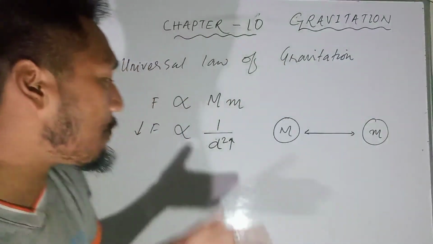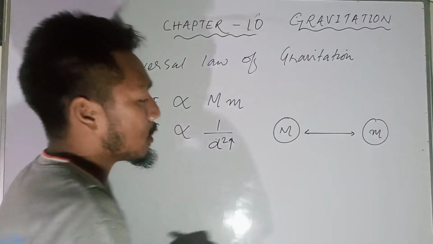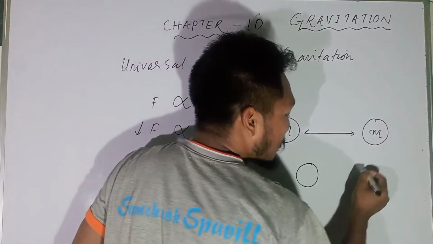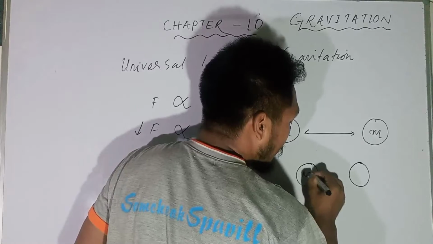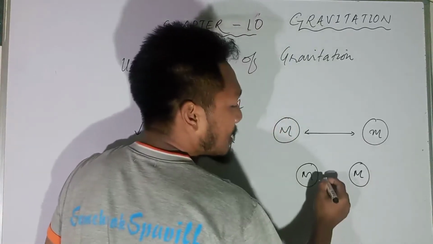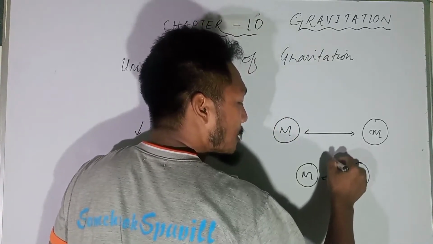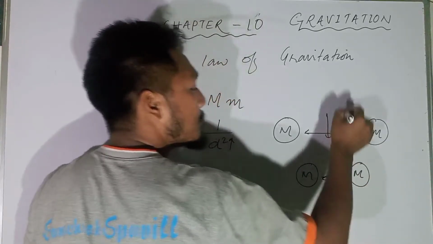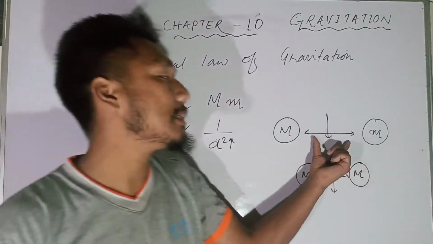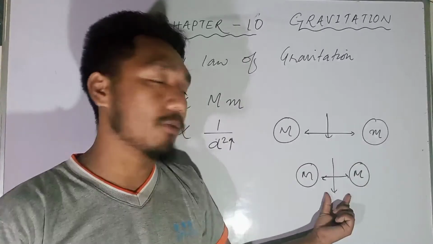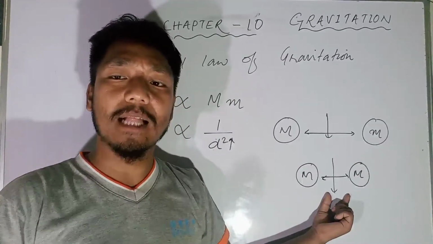Let's say this is another pair of objects, with mass m1 and the same mass. More force will be experienced in here as compared to this one, because their distance is far as compared to this. So more distance, less force.